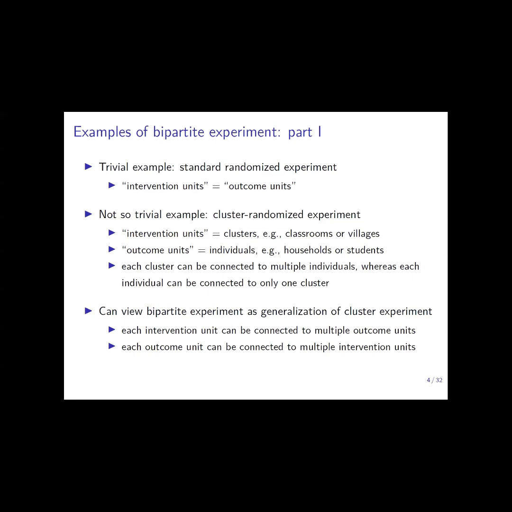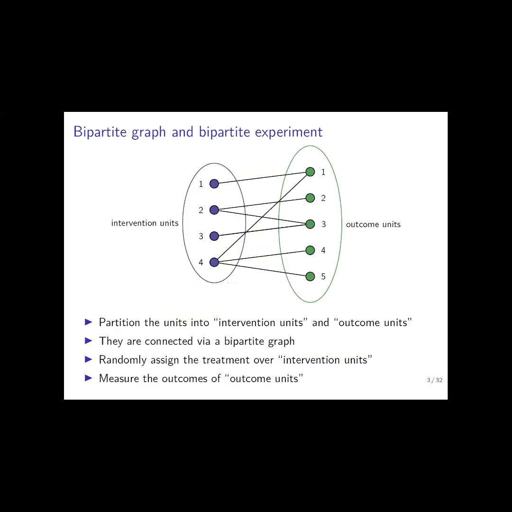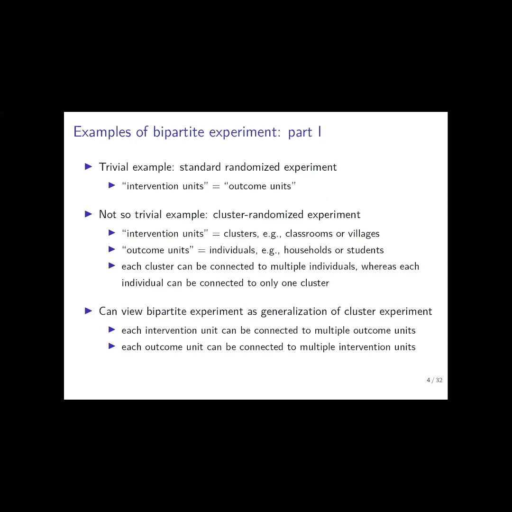This is simple, and we want to extend the cluster experiment to the bipartite experiment. In this graph, each intervention unit can be connected to multiple outcome units, and each outcome unit can be connected to multiple intervention units. That's the interesting feature, more complicated than the cluster experiment.